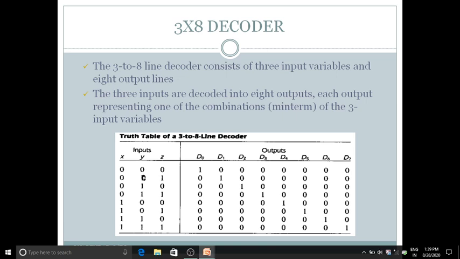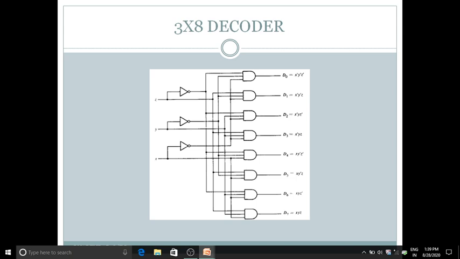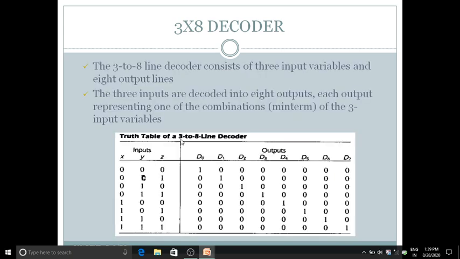Here we can see the various combinations that can be obtained for the 3 inputs of the decoder, or the 3-bit code present at the 3 input lines. Here we have shown it as a table. Inputs for the decoder are given with the variable names x, y, z, which represent the 3-bit code applied at the input.